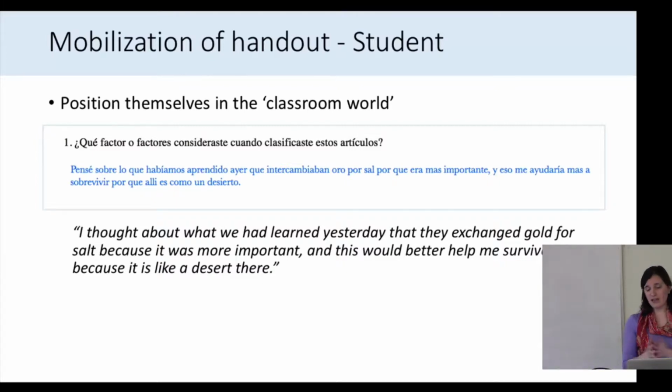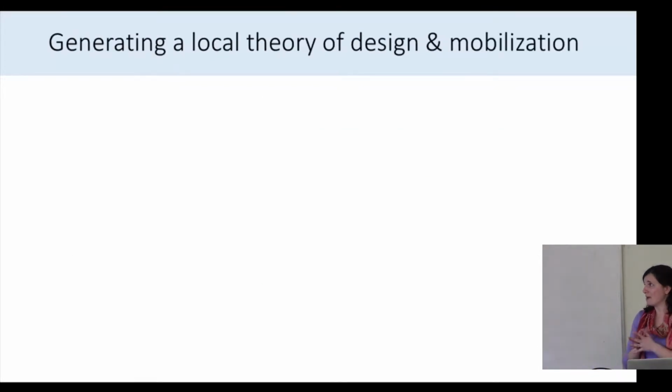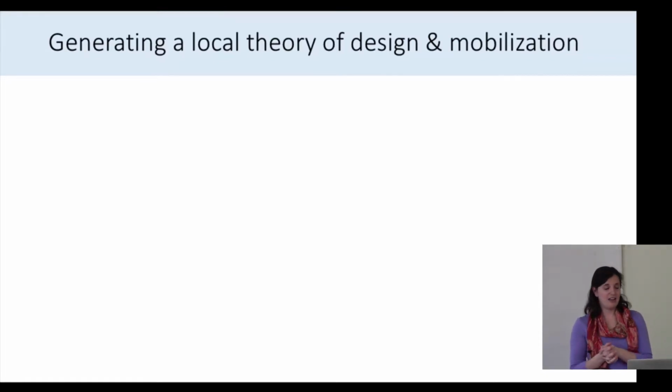To think about where we go from here with all this information, my goal was to generate what I'm calling a local theory of design and mobilization for this classroom, because I'm going to work with this teacher in the future to redesign her materials. What have I learned from this process?